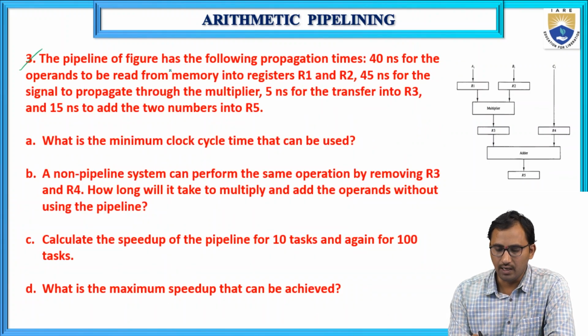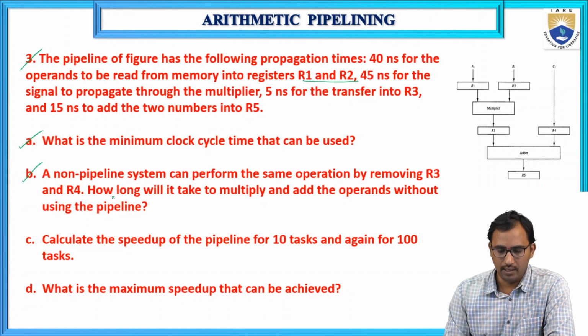The pipeline in the figure has the following propagation times: 40 nanoseconds for operands to be read from memory into registers R1 and R2, 45 nanoseconds for the signal to propagate through the multiplier, 5 nanoseconds for the transfer into R3, and 15 nanoseconds to add the two numbers into R5. The first question is: what is the minimum clock cycle time that can be used?